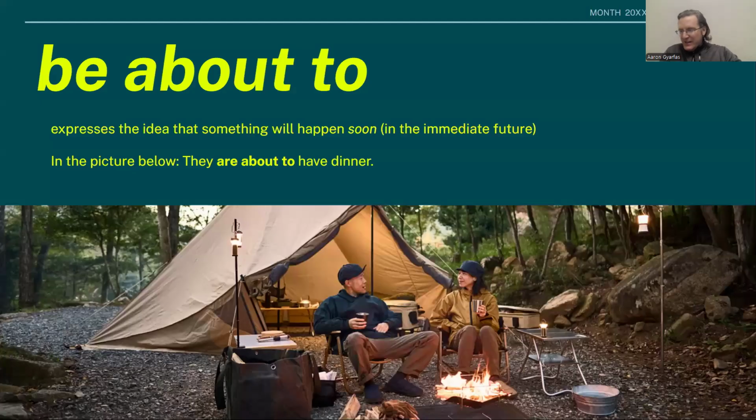And lastly, in chapter 3 of the textbook, they tell you about this phrase, be about to. Be about to expresses the idea that something will happen very soon, in the immediate future. So if we look at the picture below, I can say they are about to have dinner. They are sitting down in front of a fire.